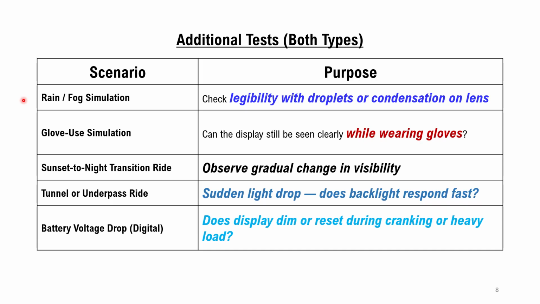Check legibility with droplets or condensation on lens of the speedometer. Number two, glove use simulation. Can the display still be seen clearly while wearing gloves by the rider? Number three, sunset to night transition ride. Observe gradual change in visibility.